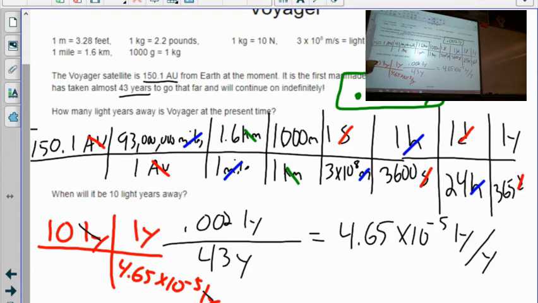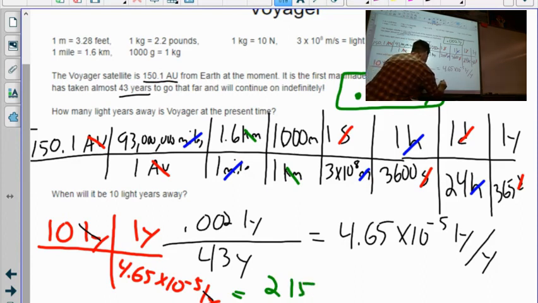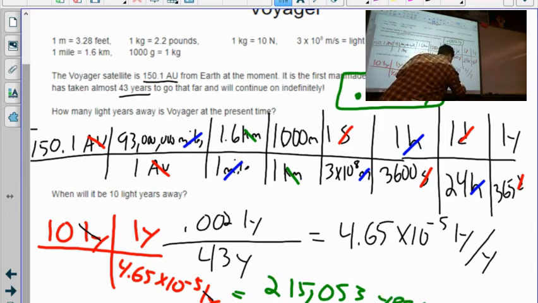If I divide 10 by 4.65 times 10 to the negative 5th, that equals 215,053 years.